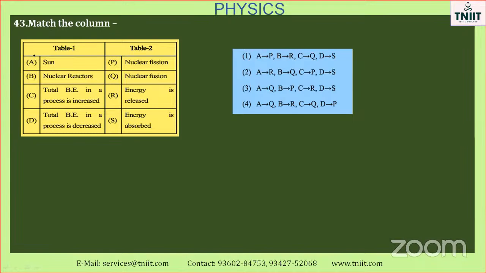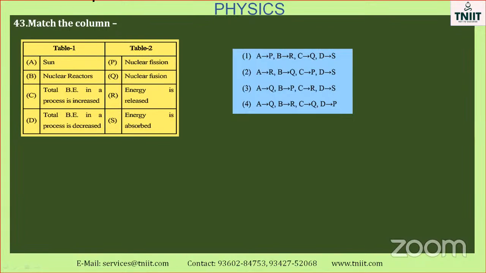Look at this. You have to do the match the following. Table 1 is given: sun, nuclear reaction. B means binding energy. Total binding energy in the process is decreased in one and increased in the other.